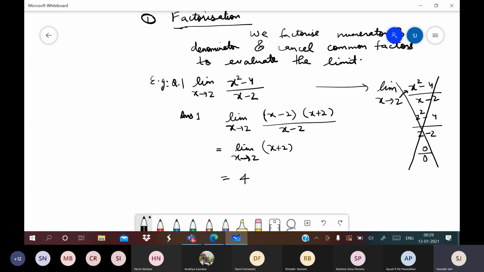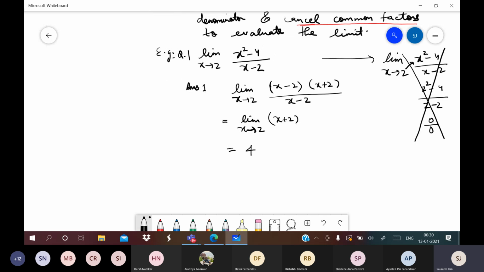So what are you going to do? First thing, you have to factorize. You have to cancel the common factors. And once you do it, then you can put the tending value of x, and that will give you the value of the limit. So this is called factorization. Everybody knows what the application is here, which we have discussed. So based on that, I'm giving you one question.